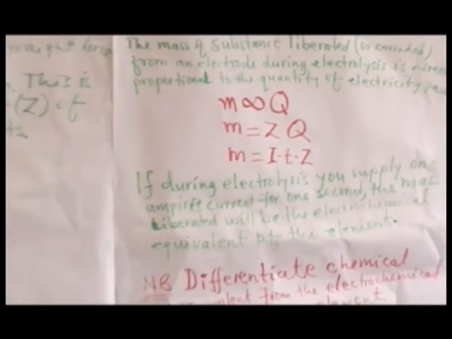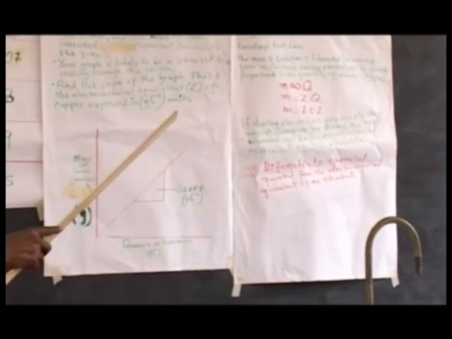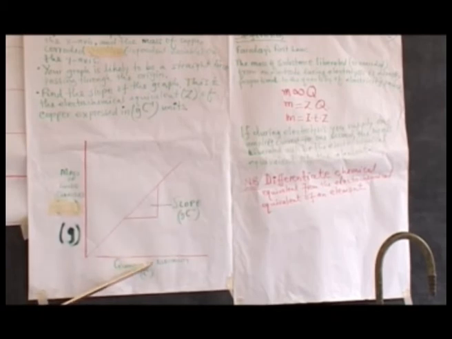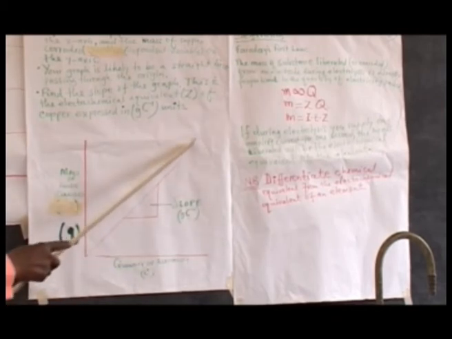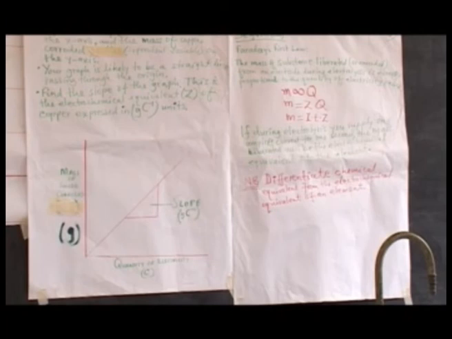This direct proportionality on this graph shows that the mass is proportional to the quantity supplied, and you can see the proportionality there. And what is important is the constant of proportionality is the slope.